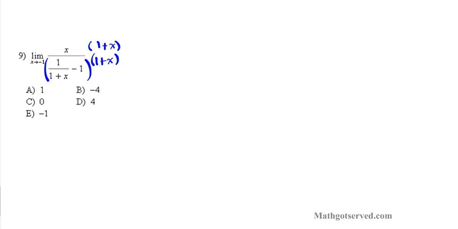All right, so if I do that, this is going to become the limit as x approaches -1, the numerator of x times 1 plus x divided by, in the denominator, when I distribute, I'll have 1 minus the quantity 1 plus x. Alright? Okay, so now this looks much better.